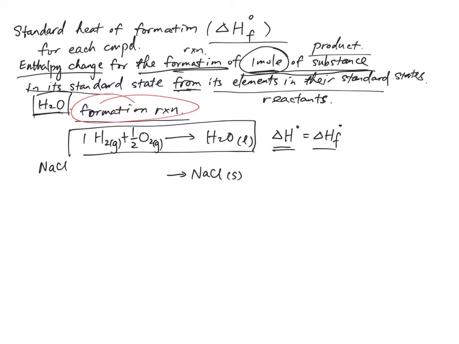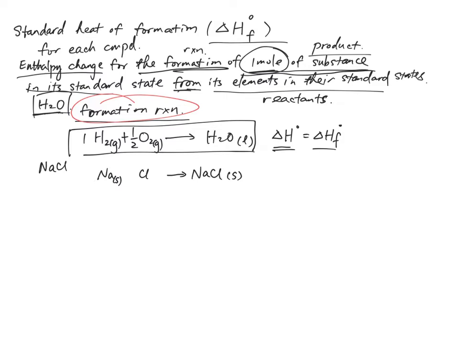Okay, and this is standard state, and the standard state for sodium chloride, table salt, is a solid. Then it's going to be made by its elements, so sodium and chlorine. Sodium is a metal. For metals you don't need to form molecules, you just need the atomic symbol.